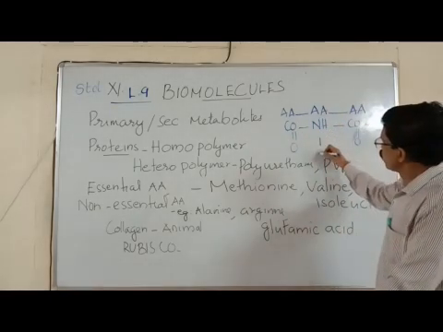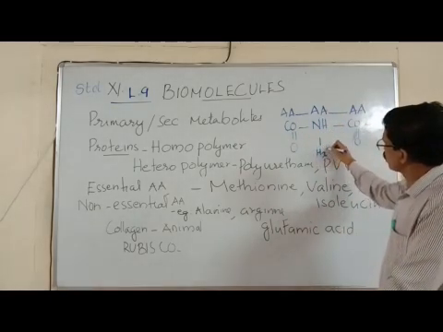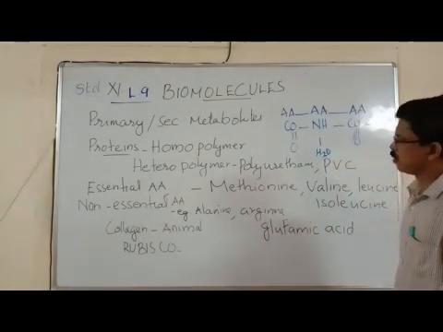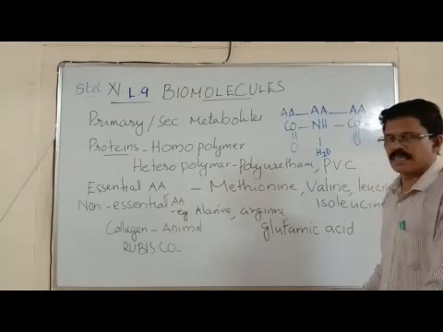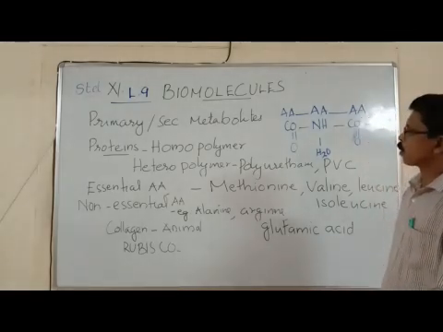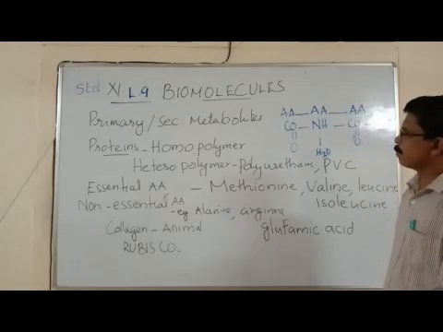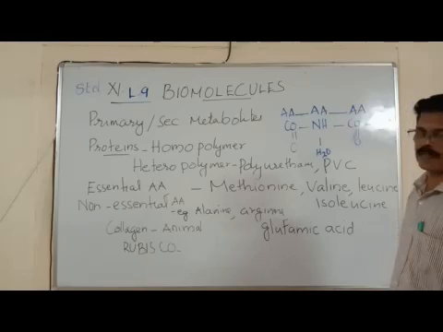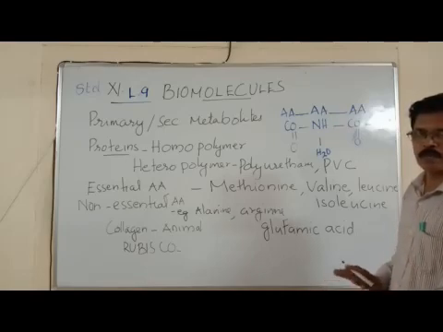And it will release one molecule of water. After every peptide bond is formed, one molecule of water is liberated. So we can say proteins are the polymers of amino acids which are in turn connected by peptide bond. Clear? So what is a peptide bond? Where do you see a peptide bond?